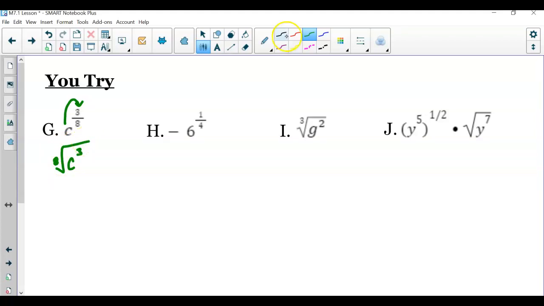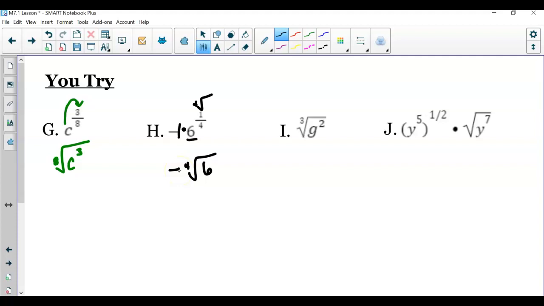Now this one's tricky because notice how the negative is actually on the outside, as if this is like a -1 being multiplied to our base of 6, which is being raised to the 1/4 power, which again is like our 4th root here, because that's just 6 to the 1st power. So this is our 4th root of 6. But because of the negative on the outside, that's why we need negative on the outside.